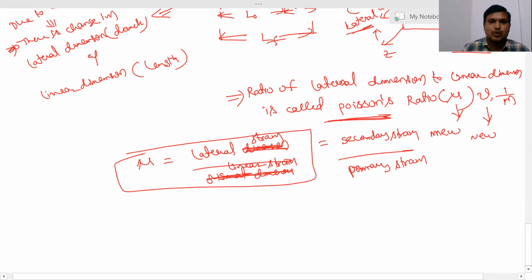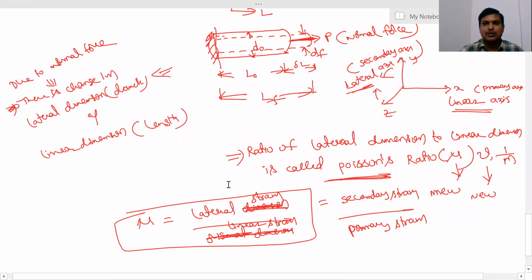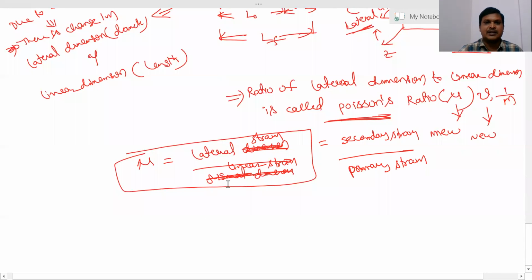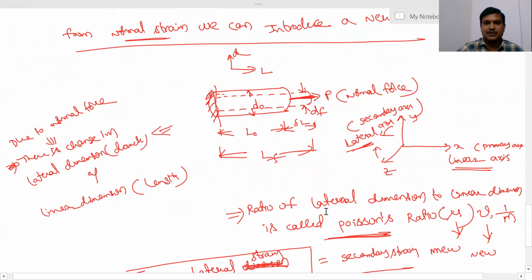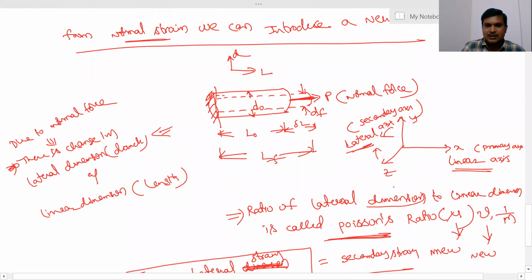So mu is equal to lateral strain by linear strain, or secondary strain by primary strain. Poisson's ratio is the ratio of lateral dimension to linear dimension. The change in linear or lateral dimension we call strain, so simply Poisson's ratio is lateral strain by linear strain. This is dimensionless. Is it clear?